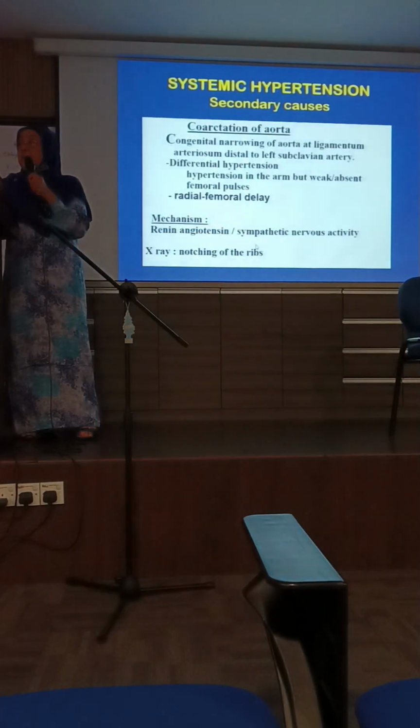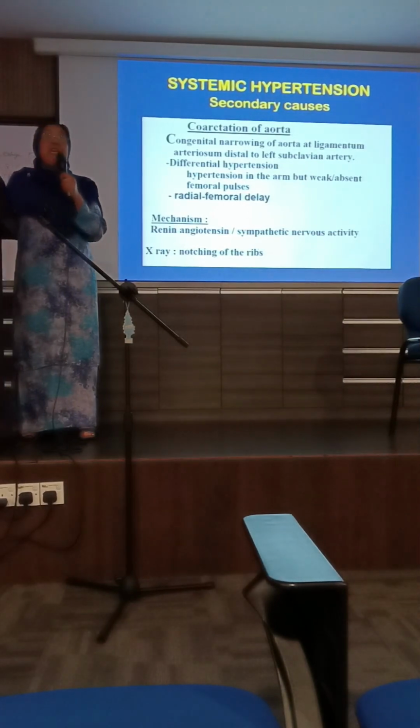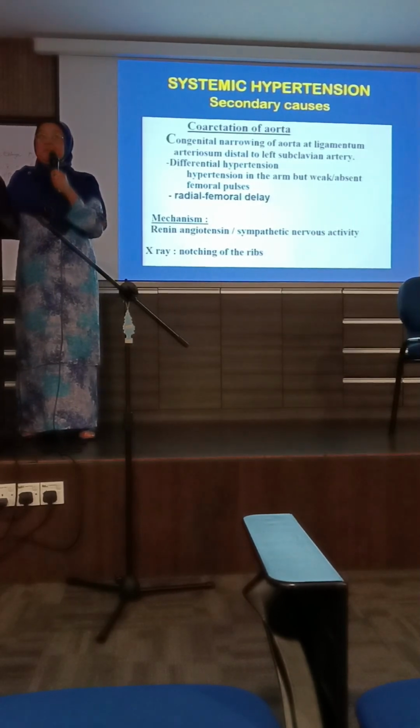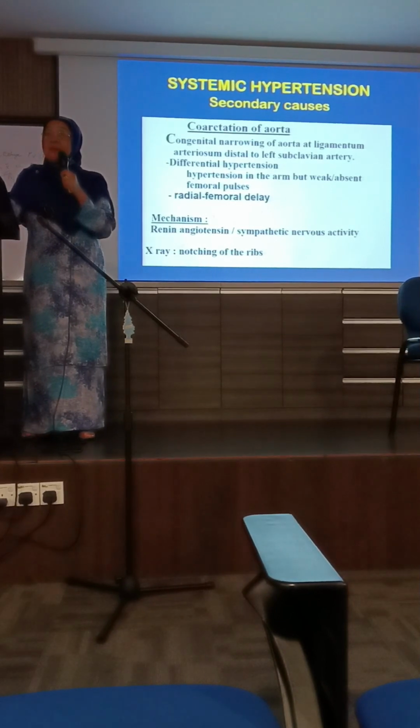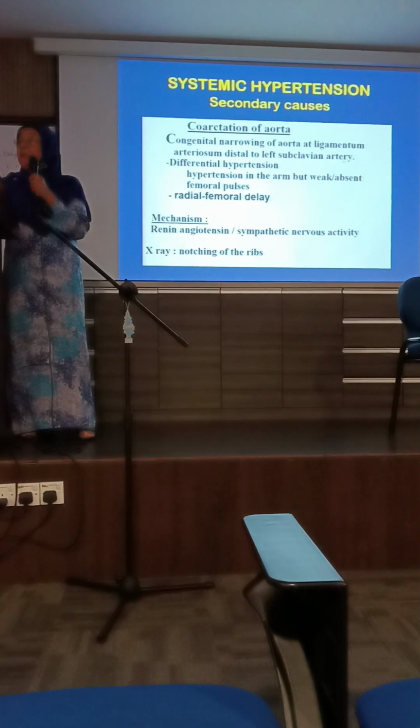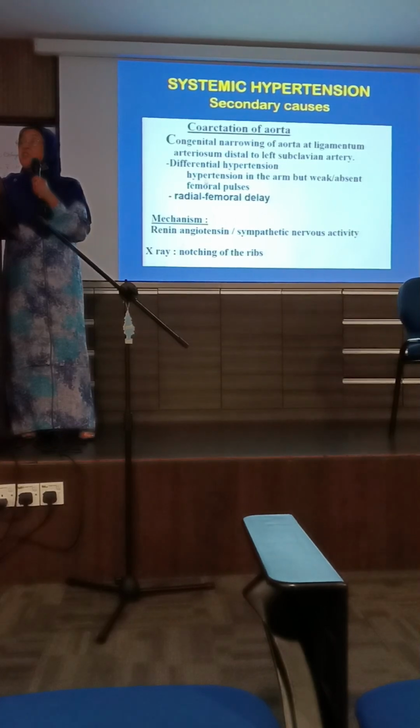And then we have congenital heart disease, coarctation of the aorta. Have you read your FLM? Yes. You have congenital narrowing of the aorta at the ligamentum arteriosum, distal to the left subclavian artery. There is differential hypertension: hypertension in the arm, but we can find absent femoral pulse.